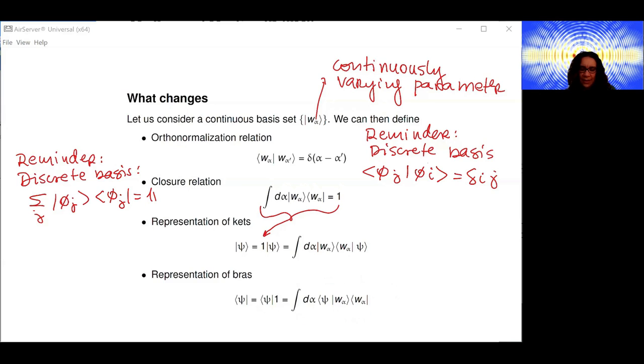With the difference now that this bra is written in terms of these vectors in the spanning set. Now, fair enough.